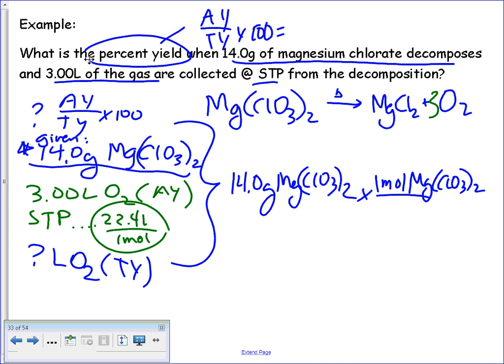Magnesium weighs 24.31 plus how many chlorines? 2, so 2 times 35.45 plus how many oxygens? 6 times 16. What'd you get? 191.21 grams of magnesium chlorate.